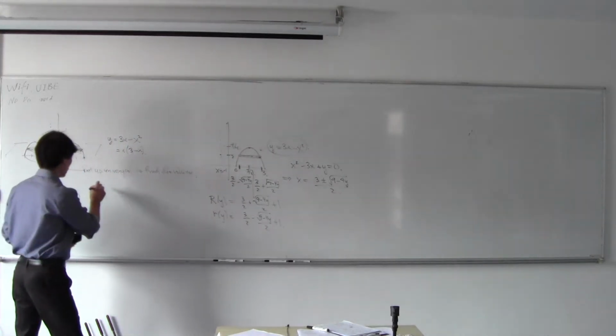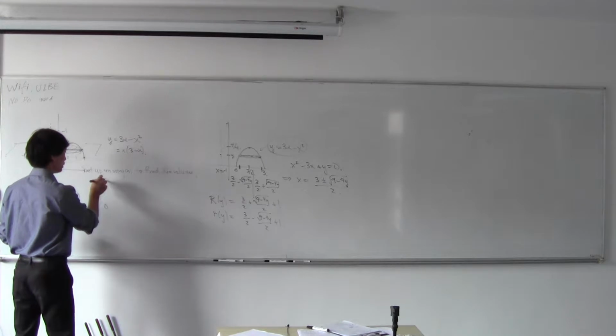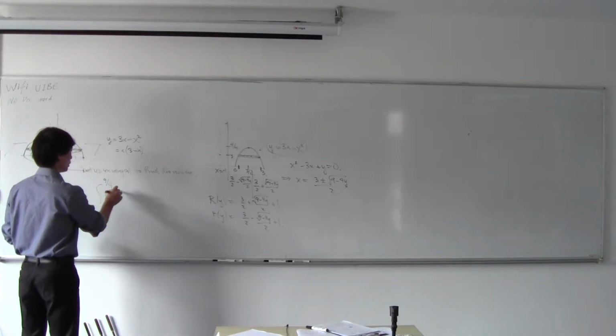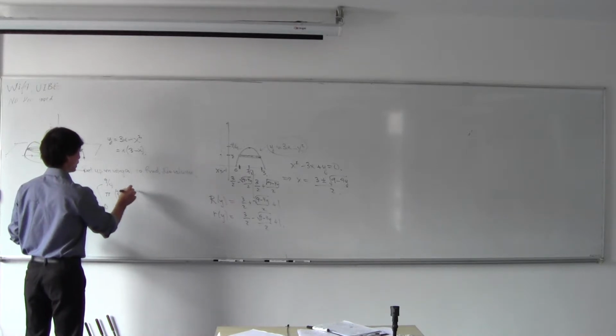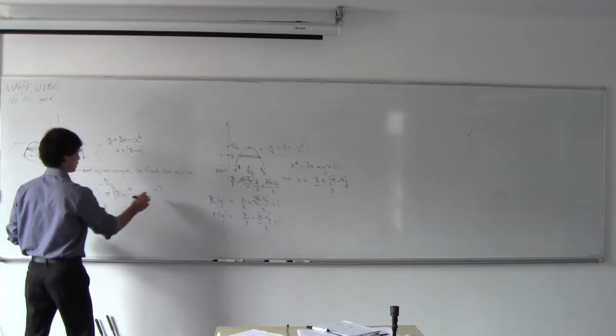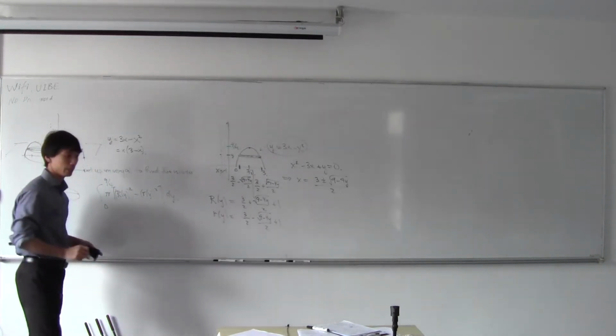So we integrate from 0 to 9/4 of pi times the outer radius squared minus the inside radius squared, dy.